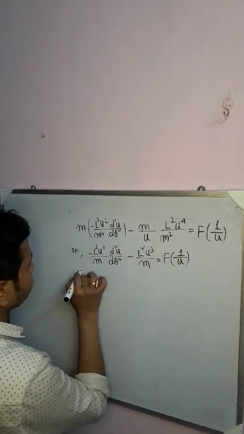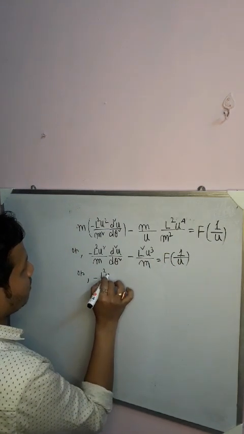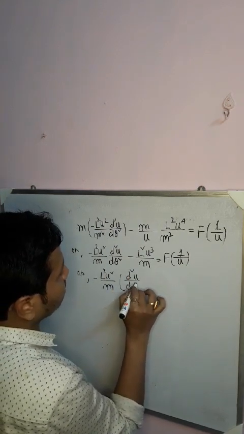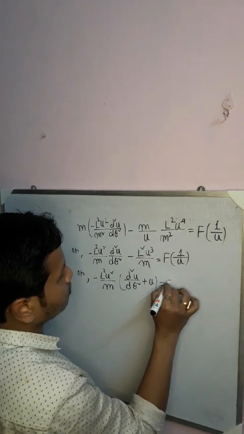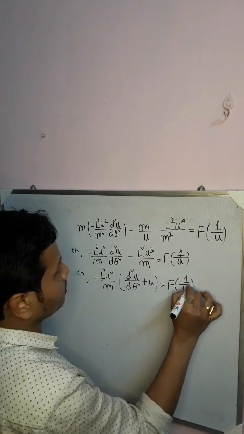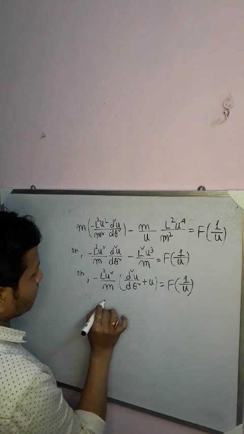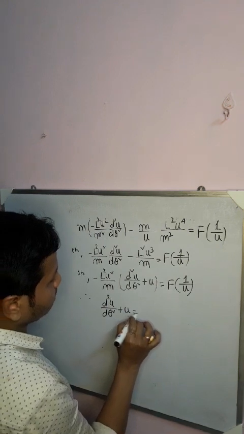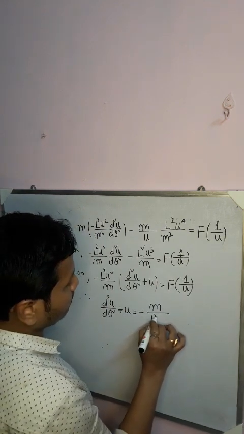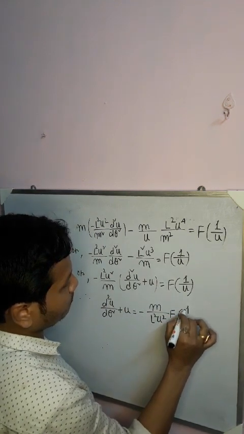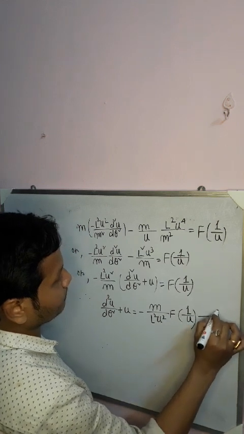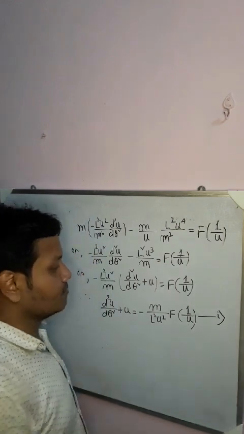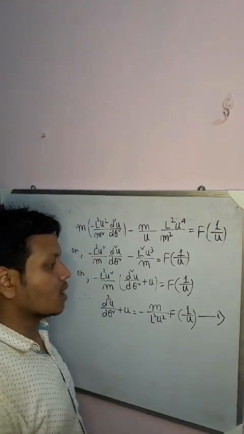Okay, so minus L square u square by m, you take d2u d theta 2 plus u, this equals f of 1 by u. Okay, so what we get? d2u d theta 2 plus u equals minus m by L square u square f of 1 by u.